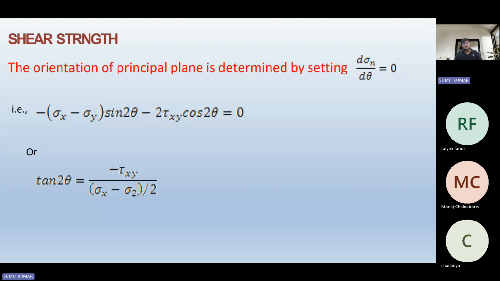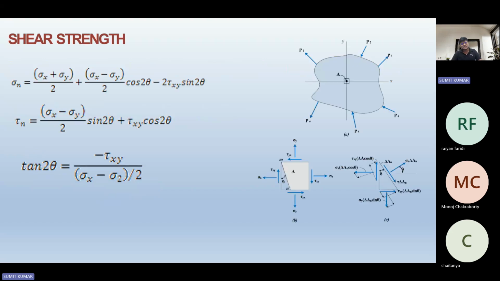When we write the equation here, it is rewritten as minus sigma x minus sigma y sin 2 theta minus 2 tau xy cos 2 theta. So theta can be calculated as tan 2 theta equals minus tau xy divided by sigma x minus sigma y by 2. Moving forward, the sigma n equation and the tau equation are mentioned here for the calculation of the stresses in the two perpendicular directions and their respective shear plane.